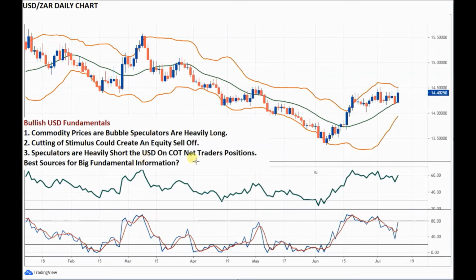You can just use a simple sentiment indicator like the COT net traders positions, which we feature frequently in our videos. I'll talk about best sources for big fundamental information in a moment, but I have not done anything really complicated at all.